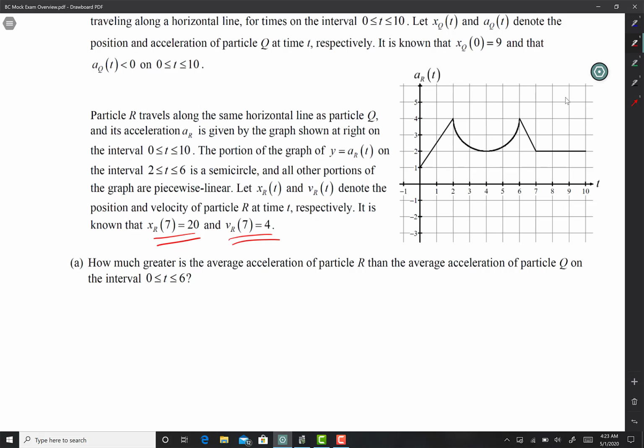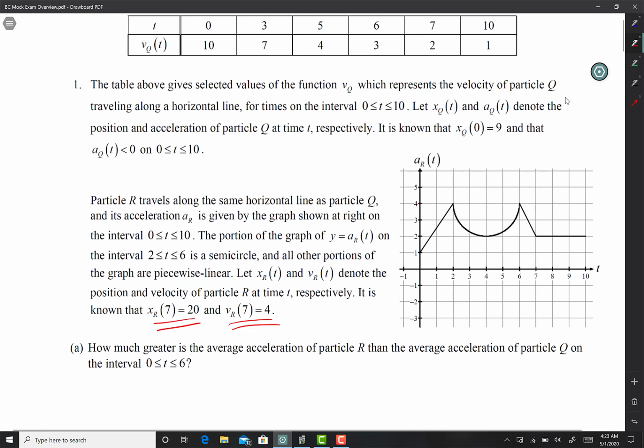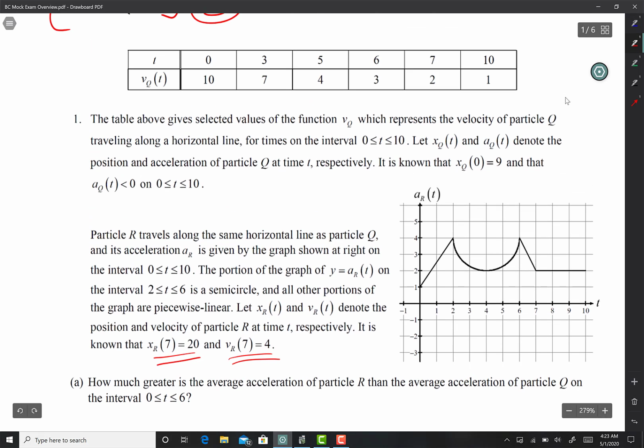Letter A. How much greater is the average acceleration of particle r than the average acceleration of particle q on the interval 0 to 6? To find the average acceleration of particle q, they give us a table, and notice that the table is velocity. So average acceleration is just your average rate of change, guys. You're just going to do y2 minus y1 over x2 minus x1, just finding the average slope.